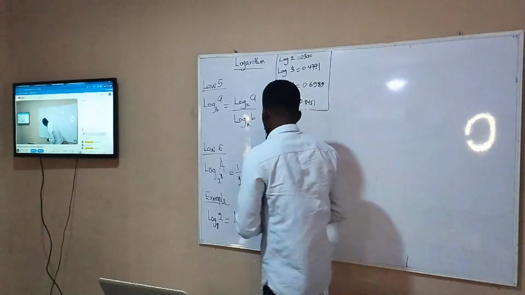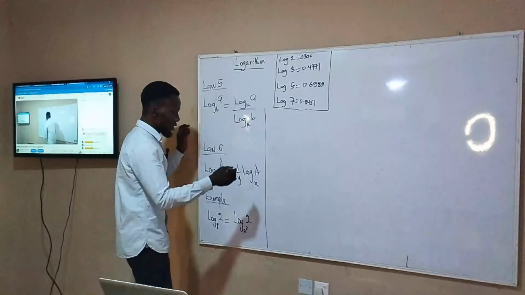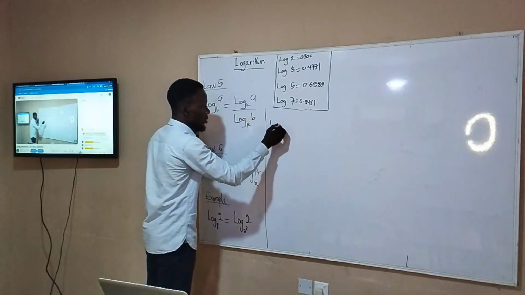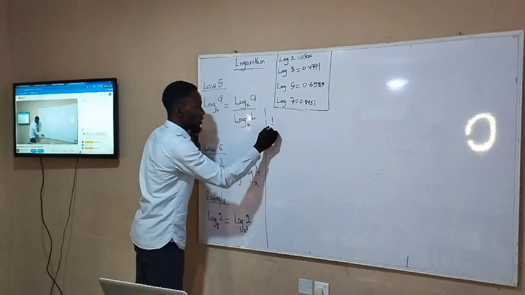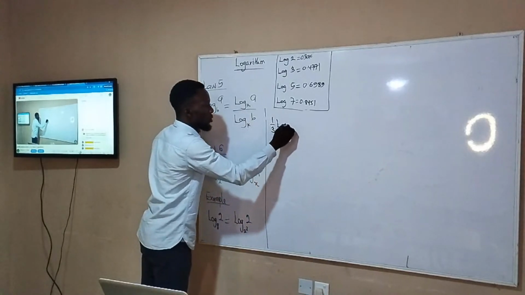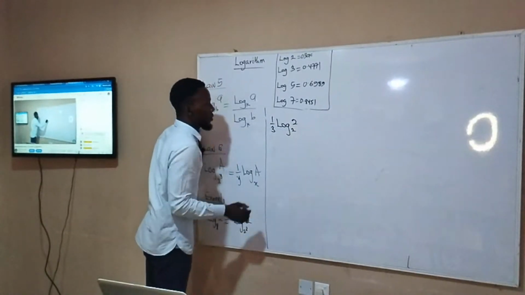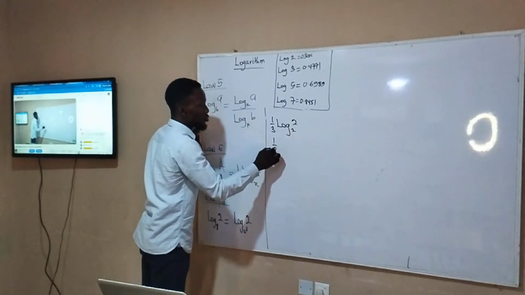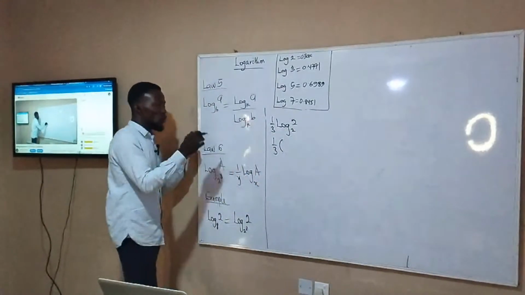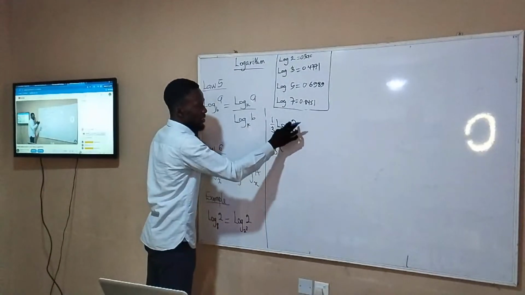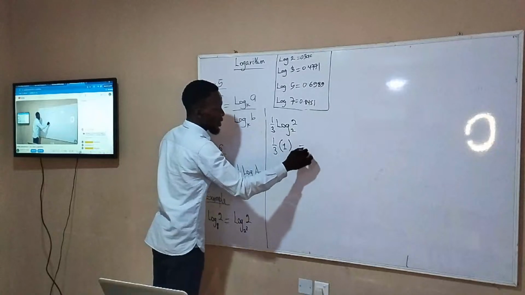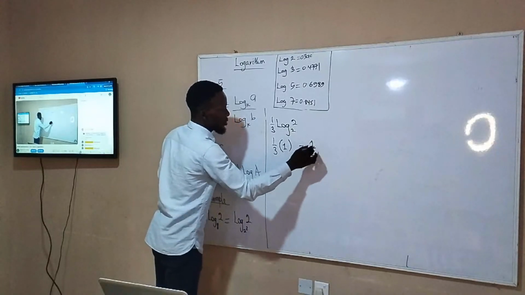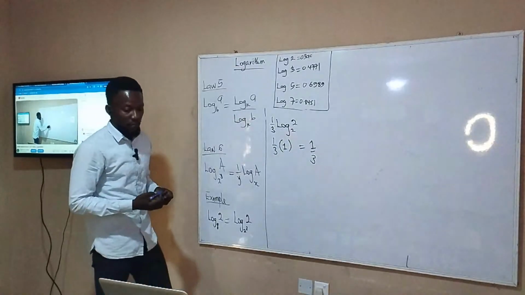So to do this, it is the same as 1 over 3, log 2 base 2. You know that whenever you have log of something and it is the same as the base, it will be 1. So you have it as 1 over 3. Is that taken?